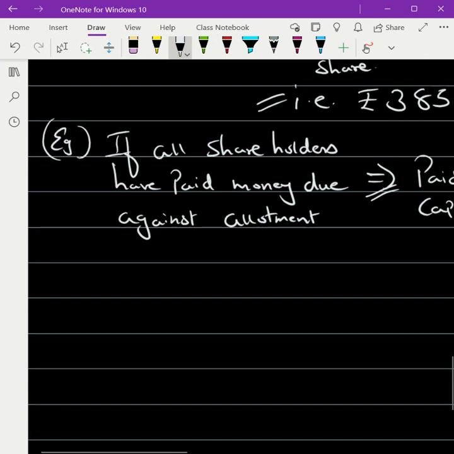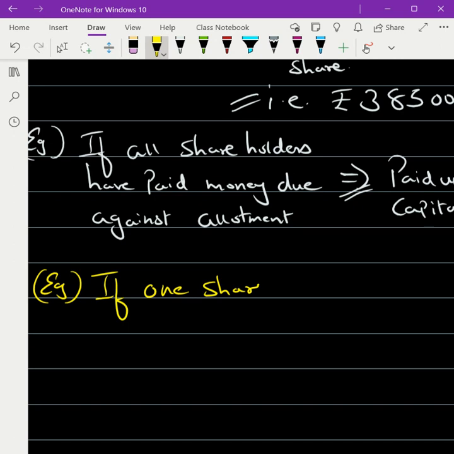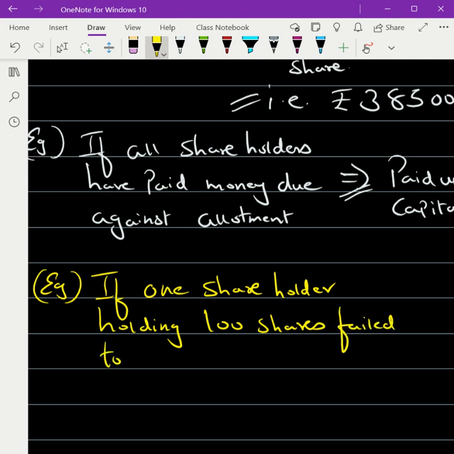Suppose, okay, now comes: if one shareholder holding 100 shares failed to pay his allotment money.